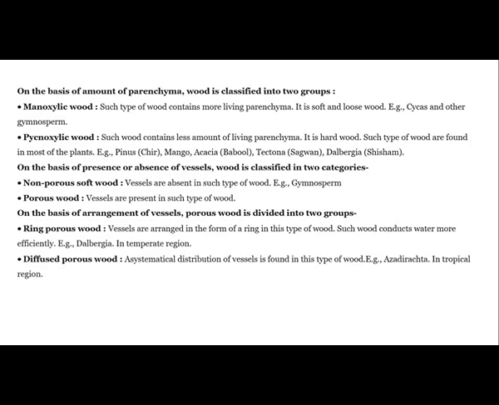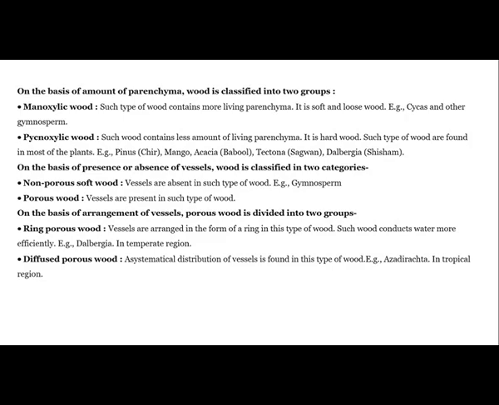The monoxylic wood contains more living parenchyma, and this wood is called softwood, for example in case of cycas, whereas the pycnoxylic wood contains less living parenchyma, and that is why the wood is called the hardwood. Example, the commercially available woods like the woods of babool, the mango, etc.